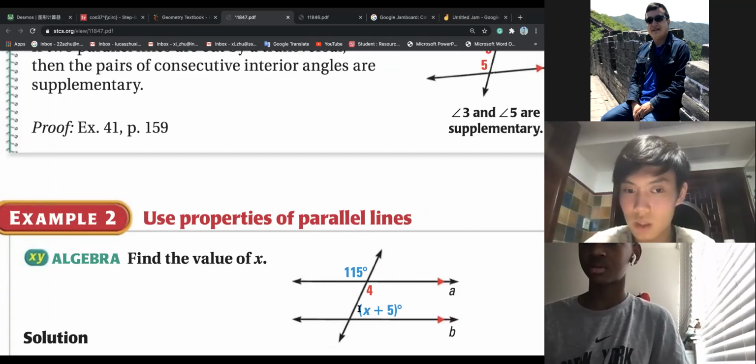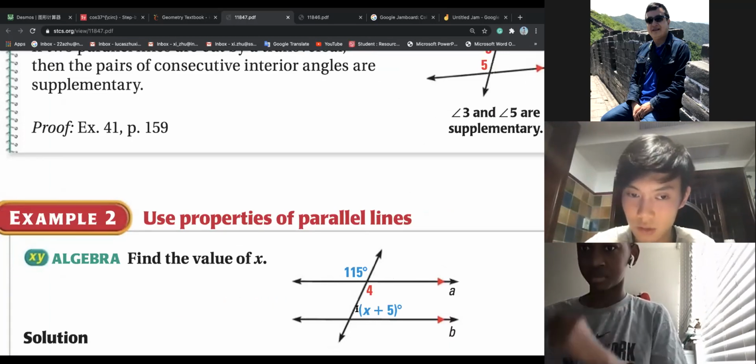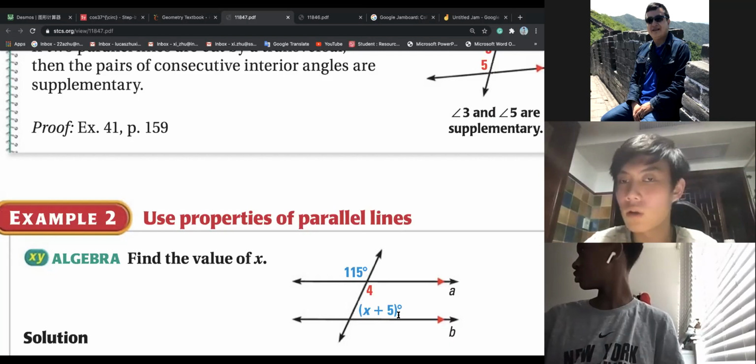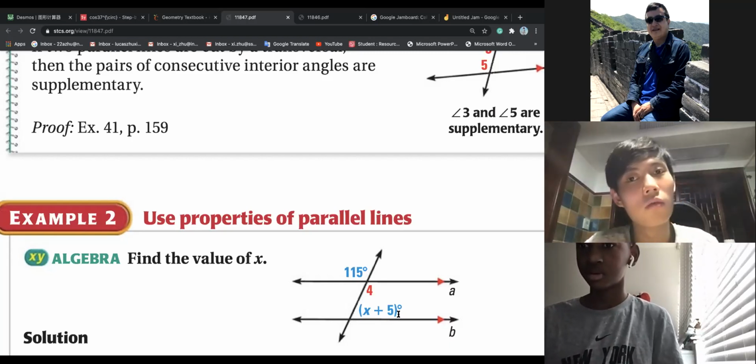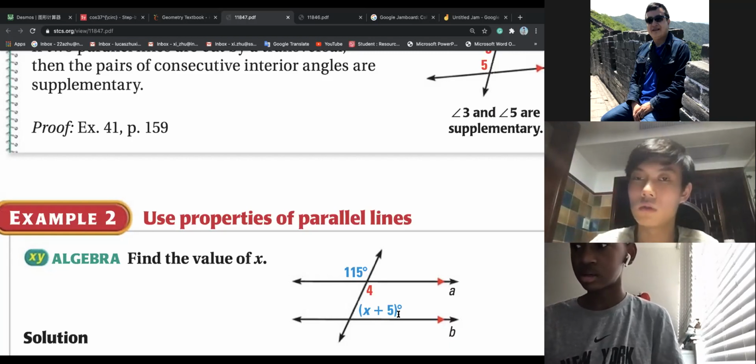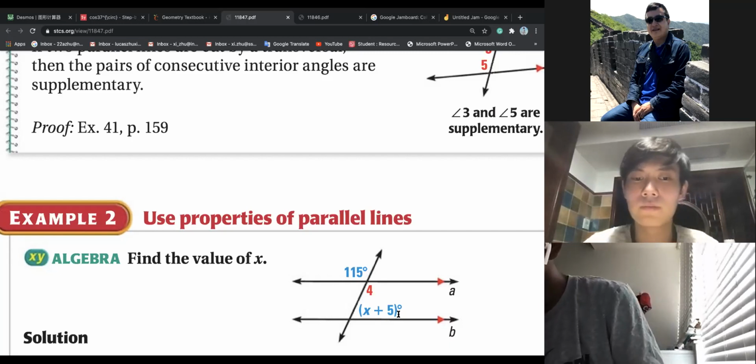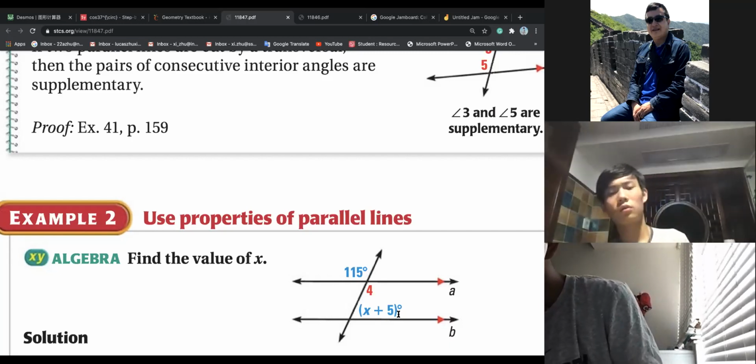And what's the relationship between this angle and x plus 5? They're corresponding. Then what do you do? If they're corresponding, then what do you do right now?